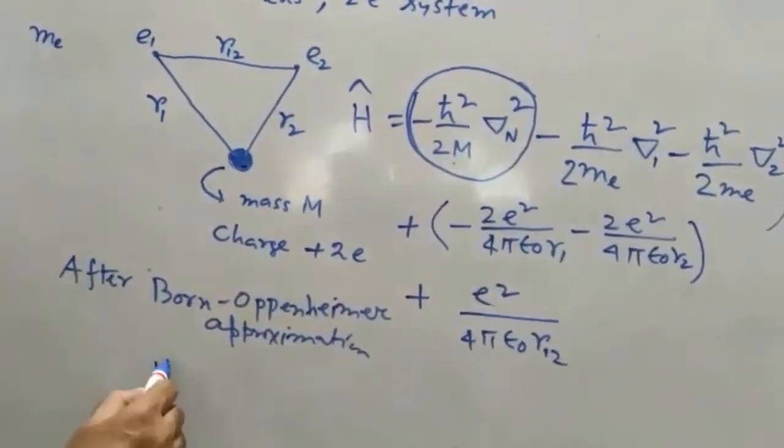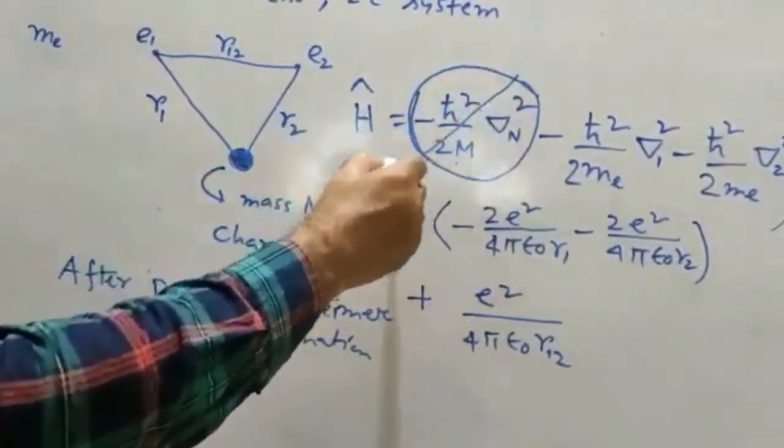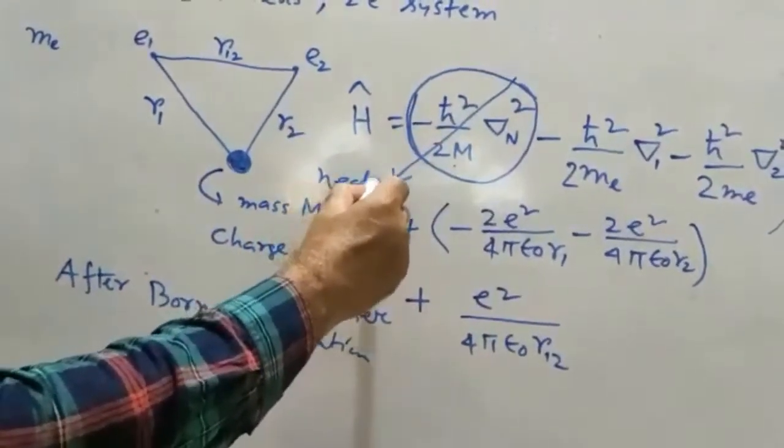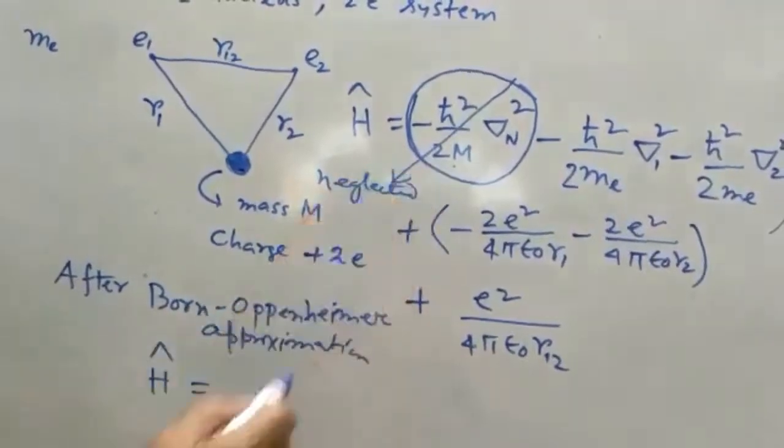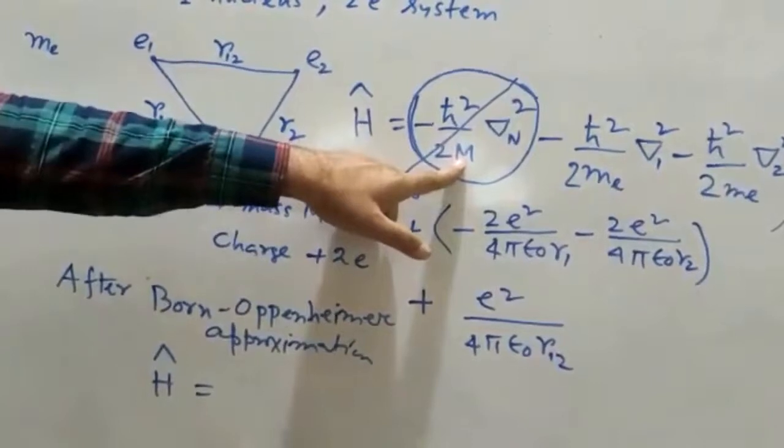We can write it as H operator. This part will be negligible. We can neglect this part. The nuclear kinetic energy part can be neglected because the mass of the nucleus is so high.